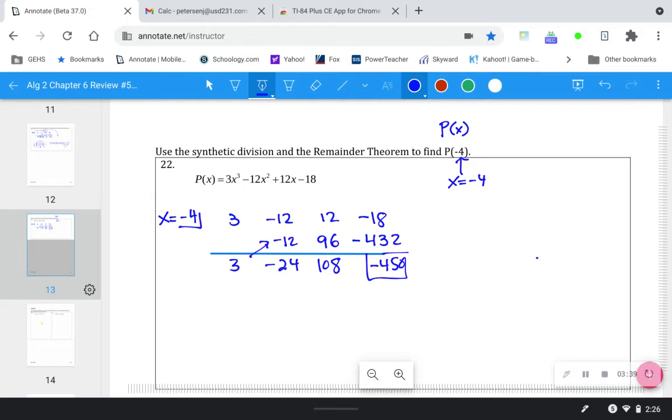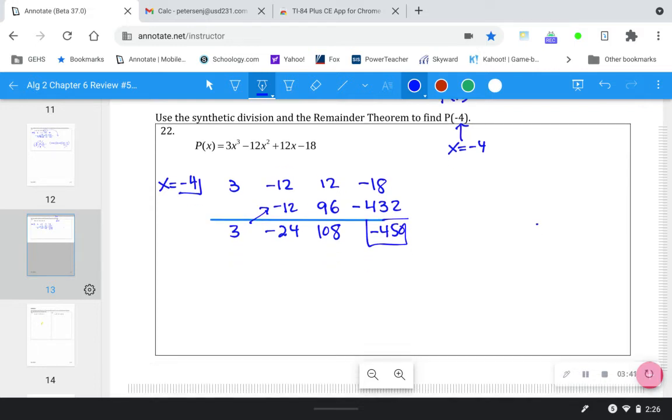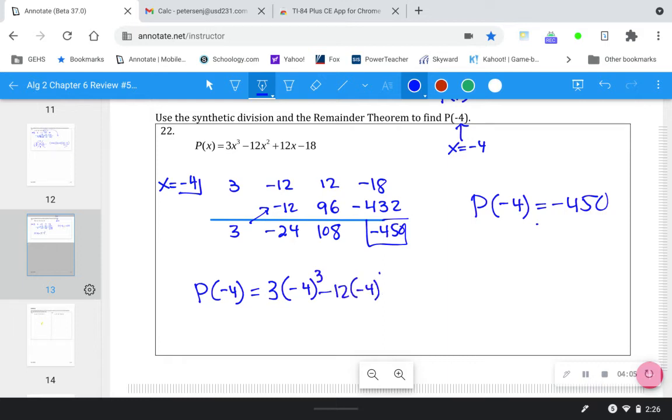Now, for comparison, you can do this just verbatim. P of negative 4, we should get the same answer here. I'm going to go ahead and write it before I go any further. P of negative 4, if we've done everything right, is negative 450. Okay, so let's just stick it in just to compare. And we'll cube that. Minus 12 times the negative 4 squared.